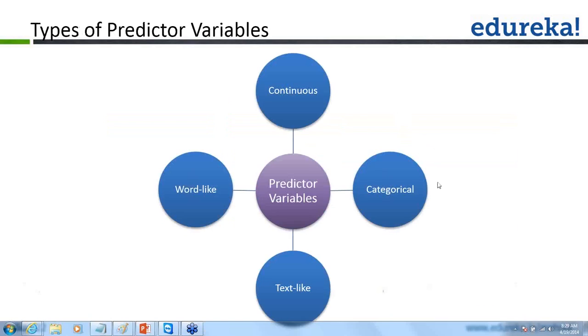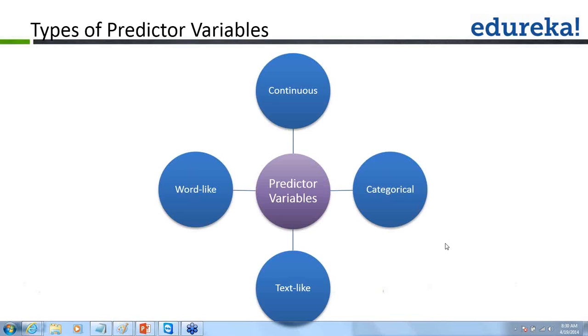These predictor variables are of four types: continuous, categorical, word-like, and text-like. Continuous means floating point values from the data. These predictors are coming from the historical data only.